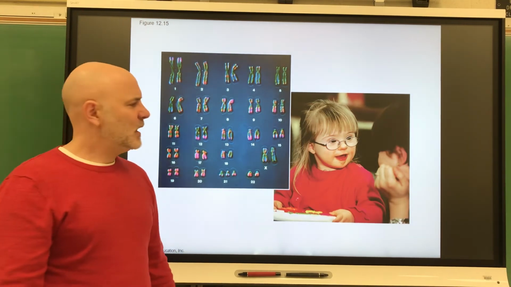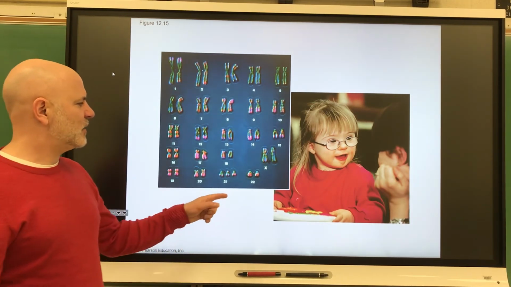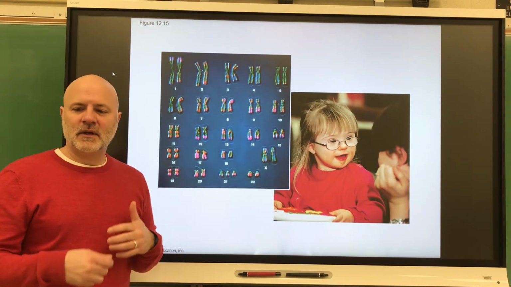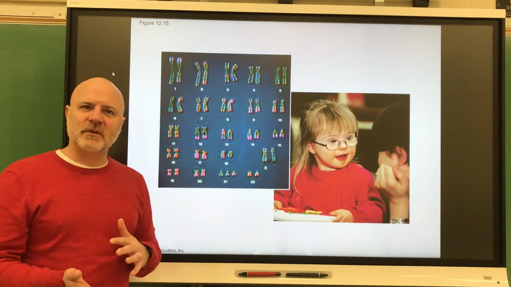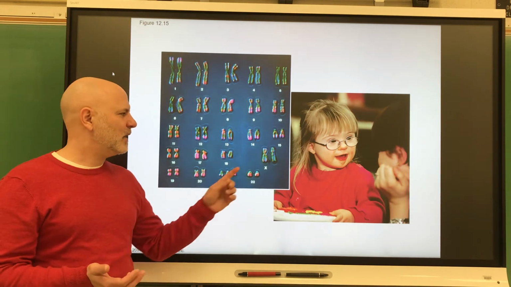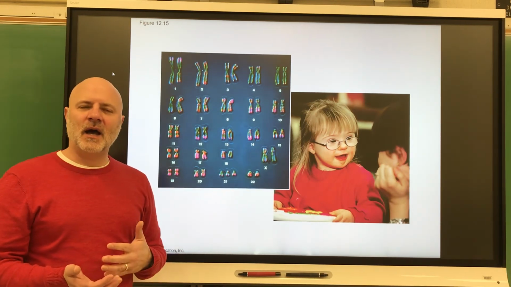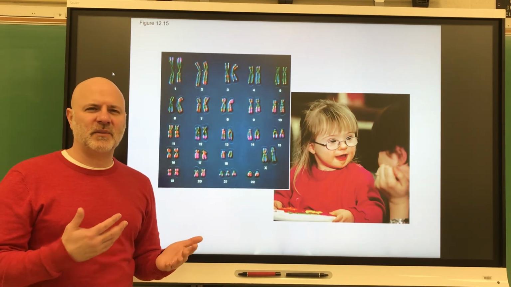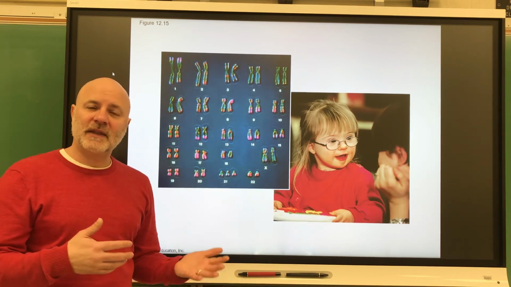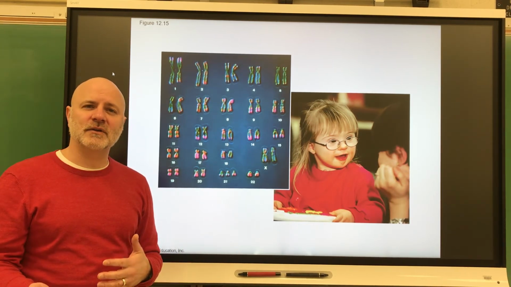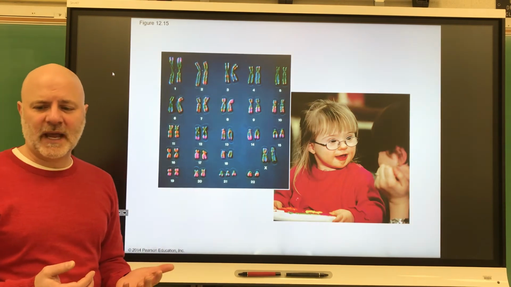If it is a trisomy that occurs on the sex chromosomes, it's not as bad as what we see with the other things. If we have 3 X's, that individual is typically female. They can have some infertility issues, but that's really the only issue that they have.